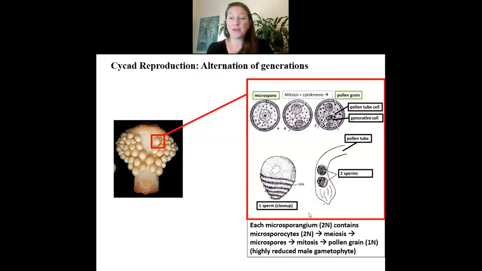Microspores are going to undergo mitosis to make a couple cells and turn into the pollen grain, which is now considered the male gametophyte plant. That male gametophyte plant, the pollen grain, is going to have cells inside of it that allow it to make sperm.